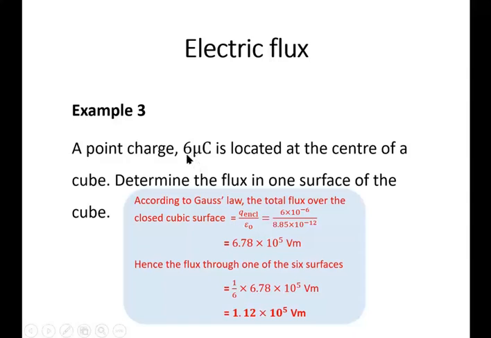So what was the charge enclosed? It says microcoulomb. Micro is 10 to the power negative 6. So we divide that by epsilon naught, which is 8.85 times 10 to the power negative 12, and we get this. This is the total flux across all the 6 surfaces. So if we need the flux across just one surface, then we simply have to divide by 6.